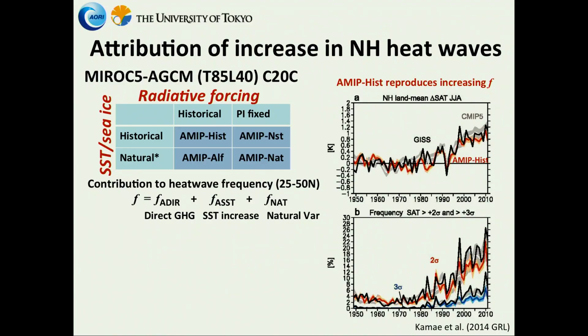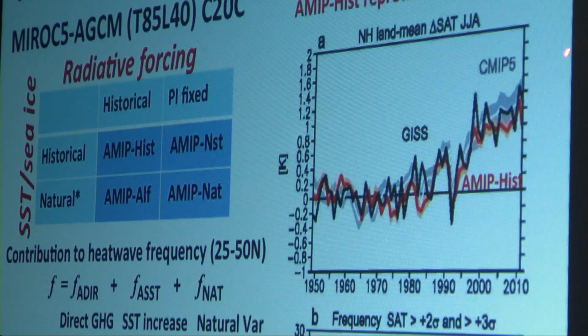And then surprisingly, to me, SST, of course, is important, but CO2 local warming effect is also contributing to the frequency increase of the observed heat waves. A heat wave is defined as the monthly temperature anomaly that exceeds a certain threshold, 2 sigma or 3 sigma.